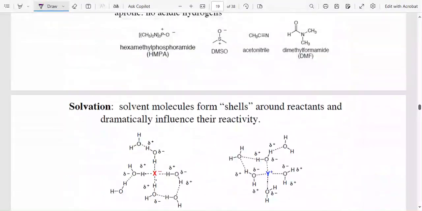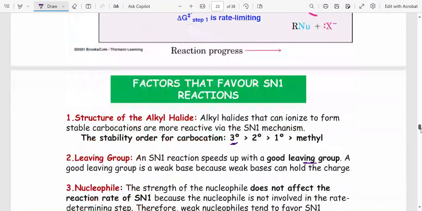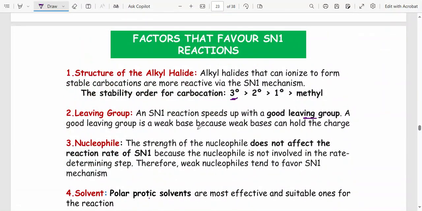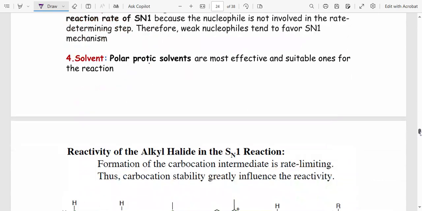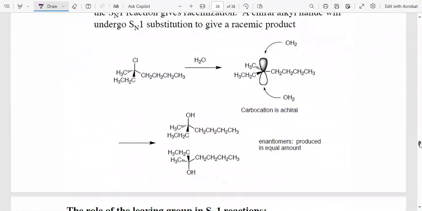Okay, let me just explain it from this same board here. So in an SN1 reaction, look at the reaction.